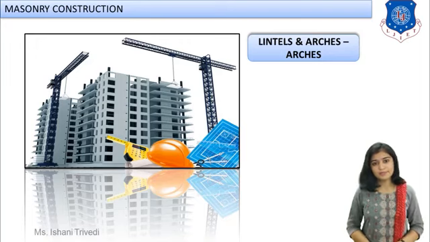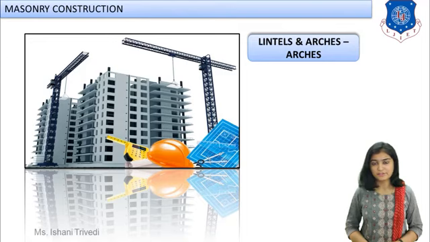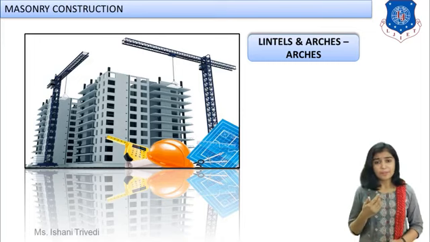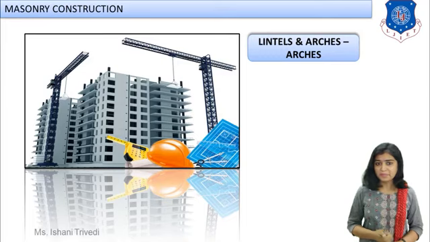So students, we have been discussing the concept of masonry construction. In the last session, after studying the basic types, that was brick masonry, stone masonry, composite masonry, hollow concrete blocks and cavity walls, right?